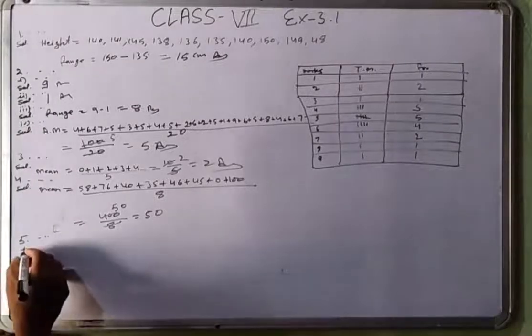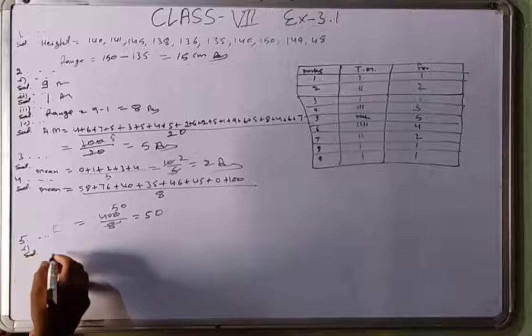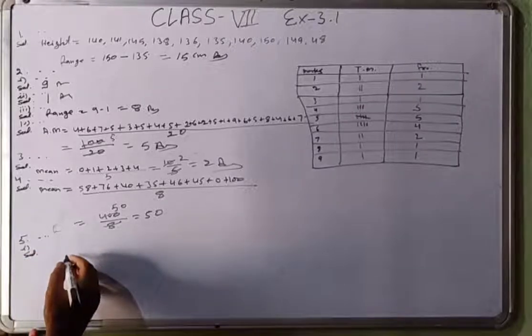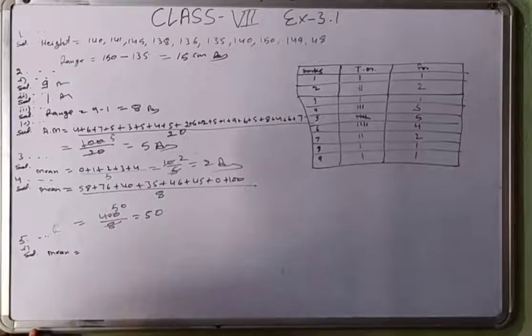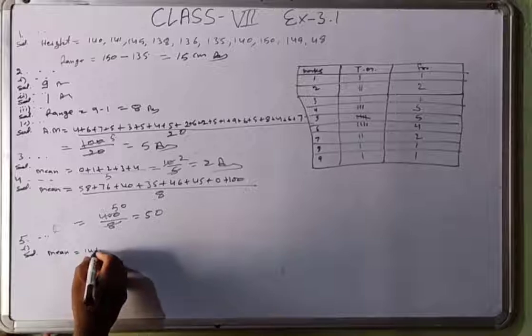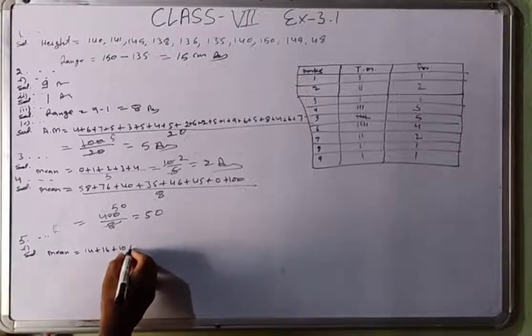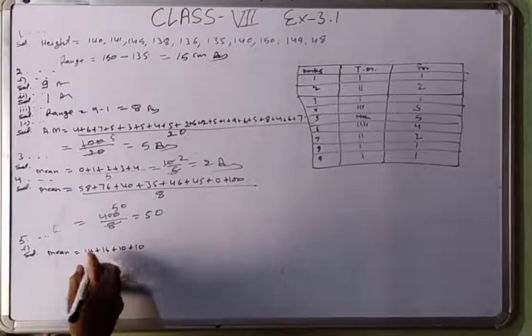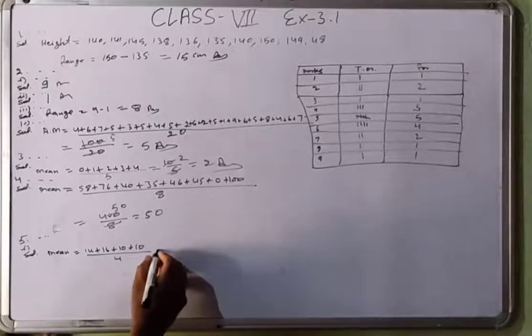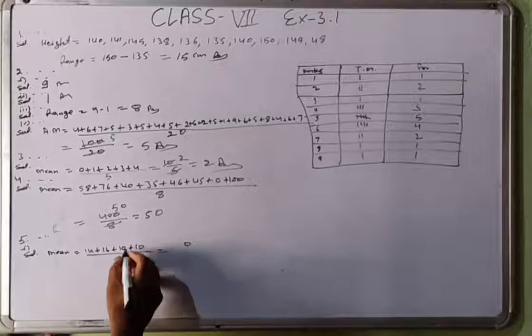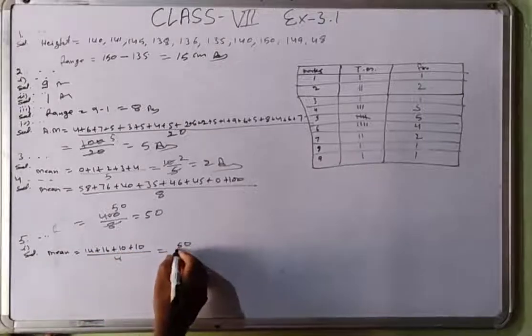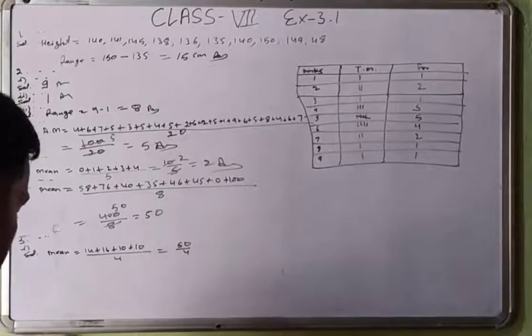So for the first part, the solution: the mean is equal to 14 plus 16 plus 10 plus 10, that is 4 values, upon 4, which is equal to 50 upon 4.